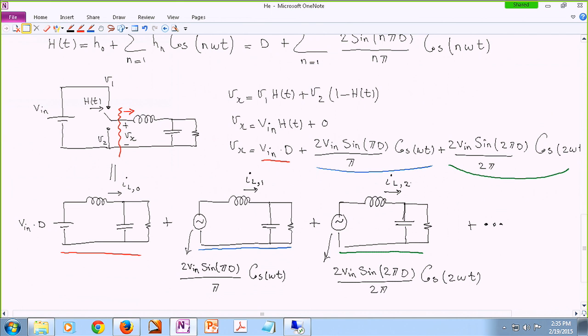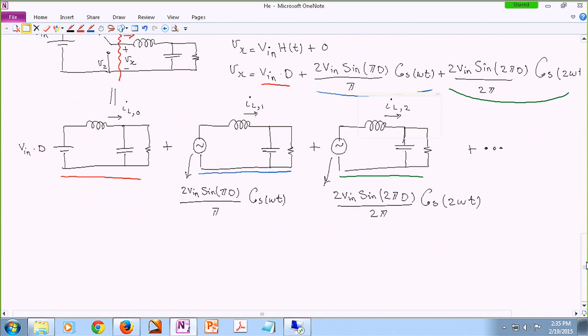All right. So if you look at this kind of superposition expansion of what we have, a lot of times you're applying an AC signal to the system. If you're looking at the first harmonic, then the second harmonic, the third harmonic, and so forth, they are all AC sources. And with AC sources, we can always define an impedance.